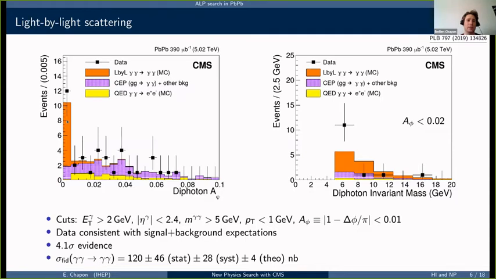On the right, applying this acoplanarity cut, this is the invariant mass distribution of the diphotons. This is what we use to set limits on ALP production. Basically, we are looking for a resonance in this diphoton spectrum.